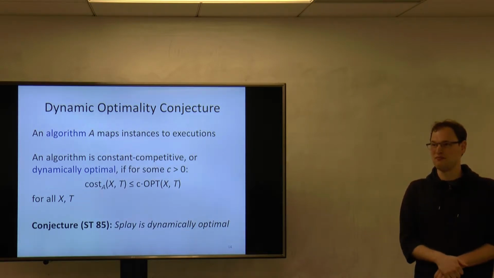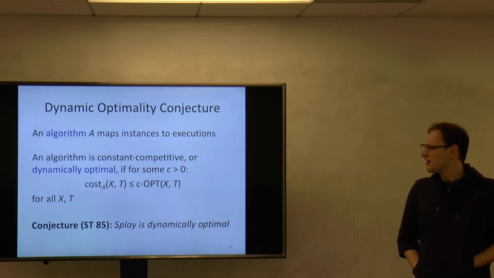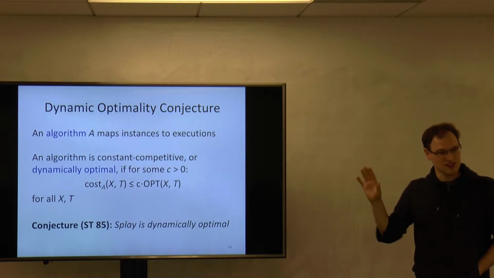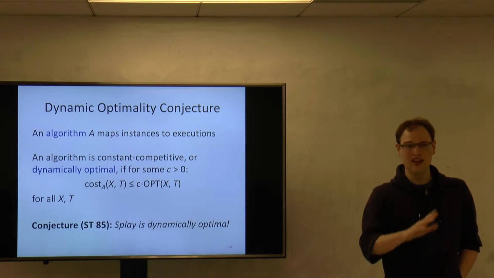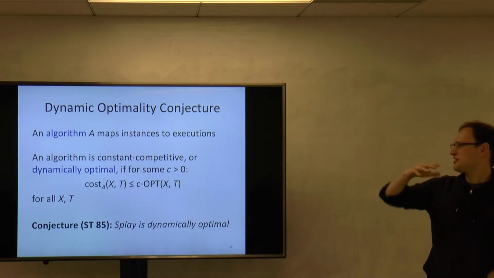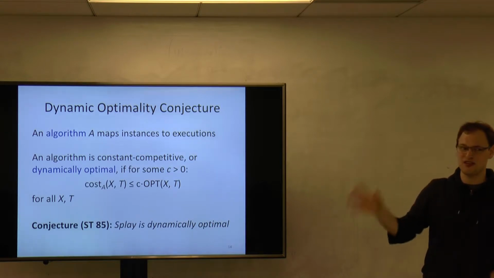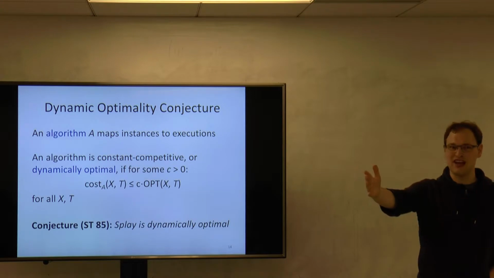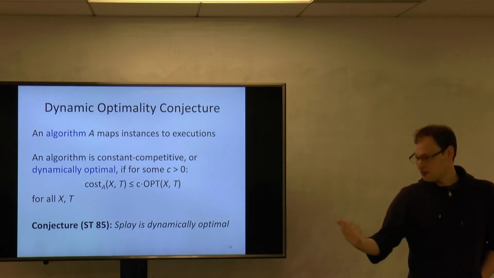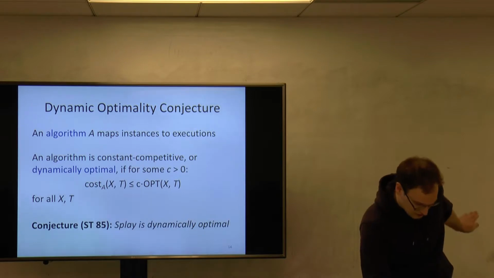No one knows what that constant is. I have my suspicions, but that's the conjecture. Does the conjecture make sense? We have one algorithm, Splay, and in this viewpoint, we're not viewing Splay as a procedure for rotations. It just maps access paths to splayed paths, abstractly speaking. Obviously, it has its own significance. Okay.